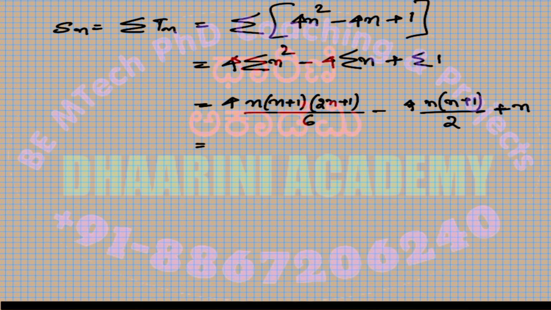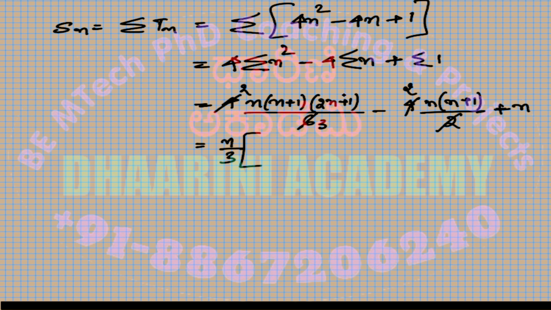Okay, this gets cancelled. So this is 2 into 2, right? This is 2 times this, 3 times. Okay, so now I can see n by 3 common. Let me take this out. N by 3, if I take out, I have n plus 1 into 2n plus 1, right, into 2.